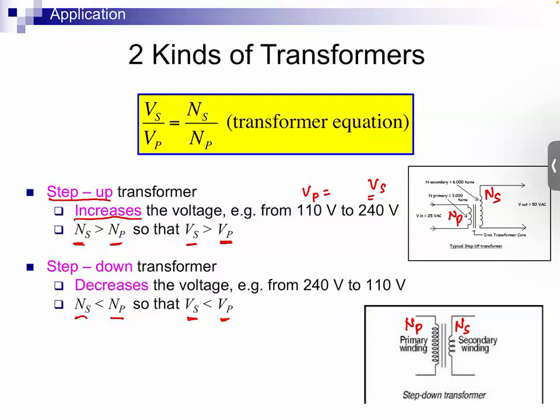That means that the transformer decreases the voltage. For example, the voltage in the primary coil is 240 volts and at the secondary coil the voltage is 110 volts, depending on the number of turns in the secondary and primary coils. Since the transformer decreased the voltage going from primary to secondary coil, we call this transformer a step-down transformer.